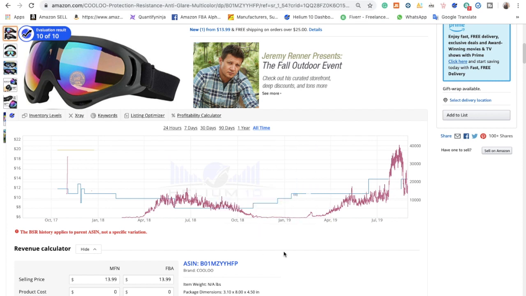So this is what the BSR graph looks like. The history of the BSR can tell you a lot about the product. How did the sell price or new price affect it? How has it been affected by different seasons? How has it been affected by being out of stock, etc.? This is a great tool for product research.